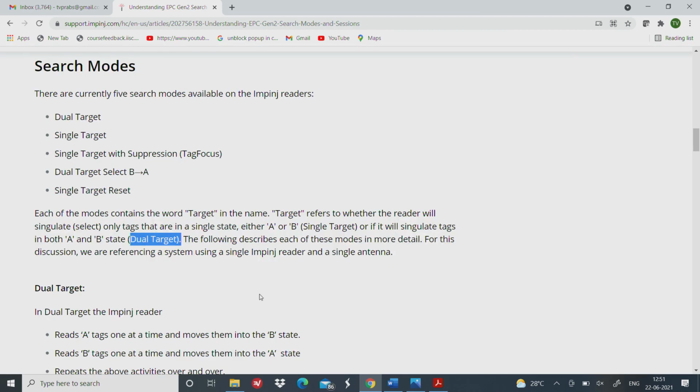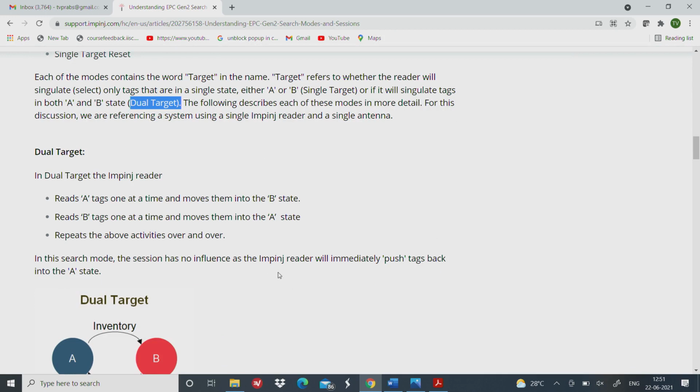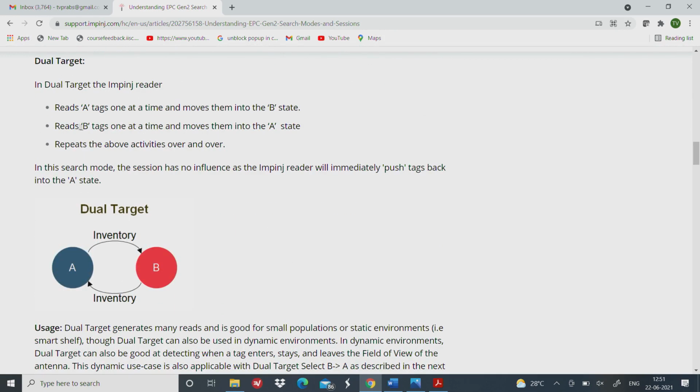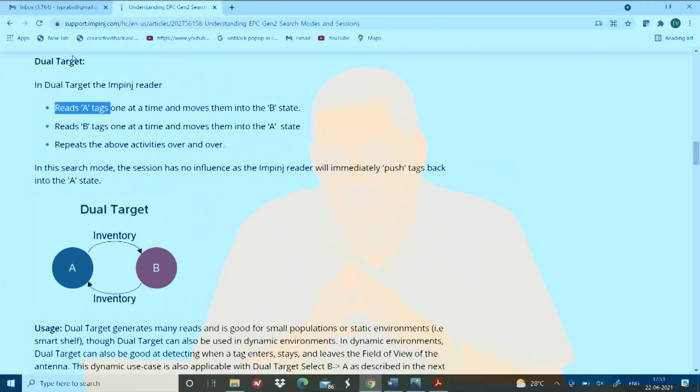Essentially, look at this picture. Dual target reads A tags, that is the tags that to begin with are in state A, one at a time and moves them to B state. You recall I mentioned the reading of tags one by one, how tags are read sequentially one after the other, how they are inventoried, we drew that picture. So go back and look at that picture. This is essentially connecting to that.